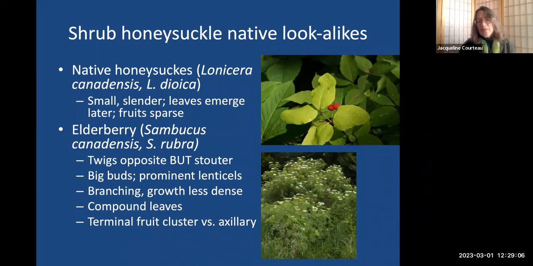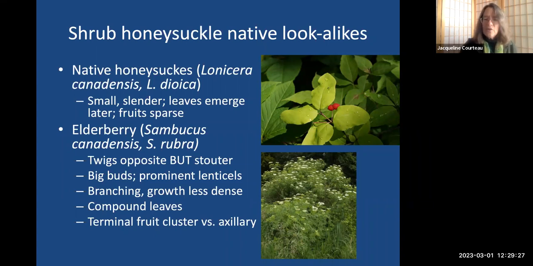Another thing that sometimes people will confuse this for is elderberry, Sambucus canadensis and Sambucus racemosa, mainly because that's another opposite shrub. So yes, the twigs are opposite, but they're much stouter and they have really big buds and prominent lenticels.